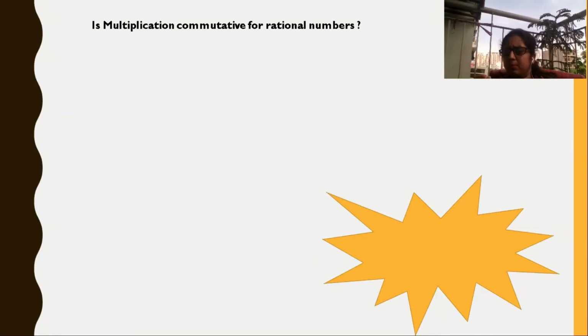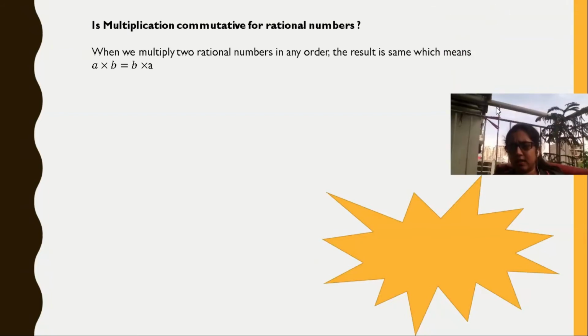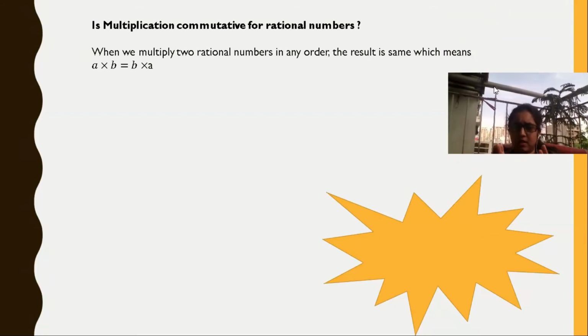We will multiply a into b, then we will do b into a. If we get the same result, then we will say that multiplication is commutative for rational numbers. When we multiply two rational numbers in any order, the result is the same, which means a into b equals b into a.